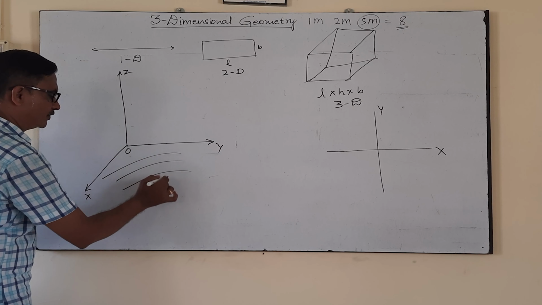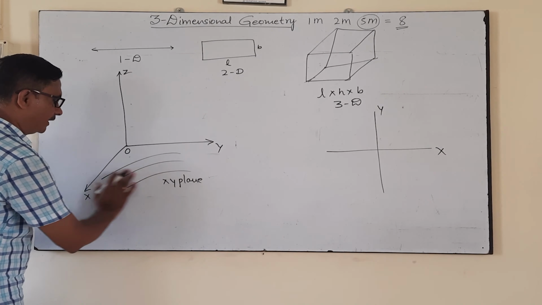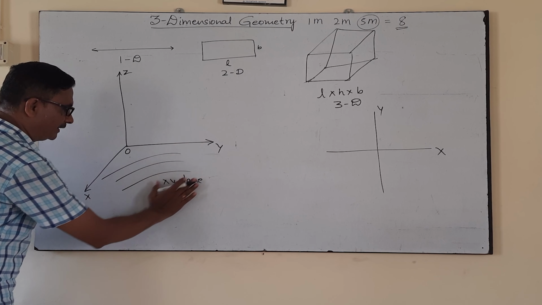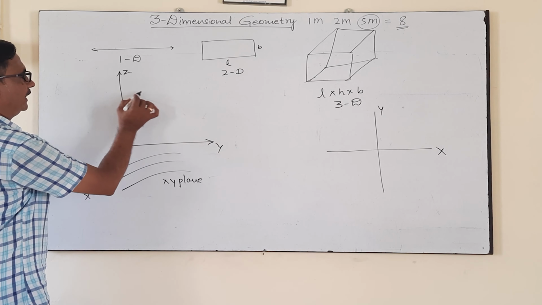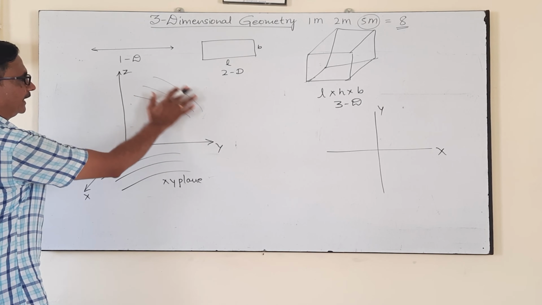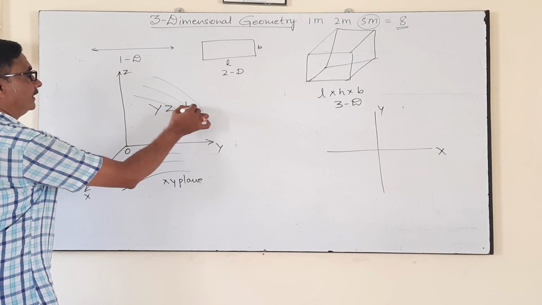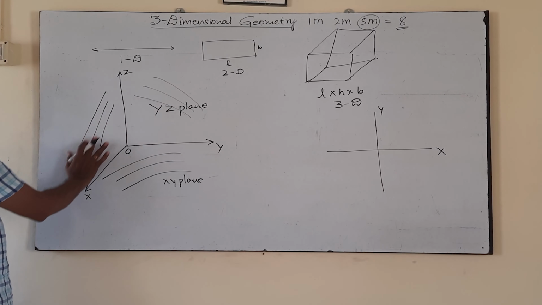This part is known as xy plane. The x axis and y axis determine this part. That part is known as xy plane. Y axis and z axis determine this part. This part is known as yz plane. And similarly, x axis and z axis determine this part.